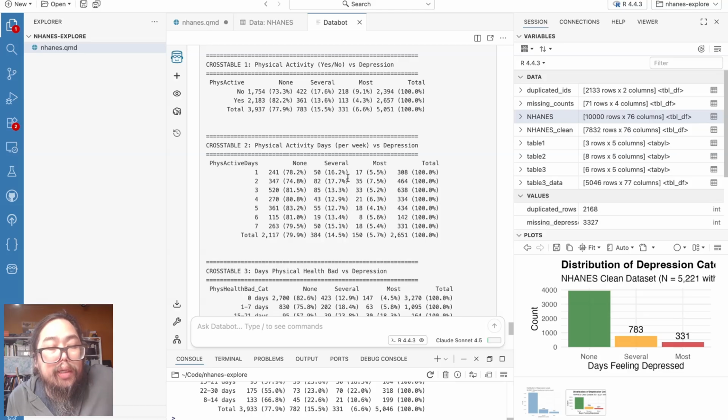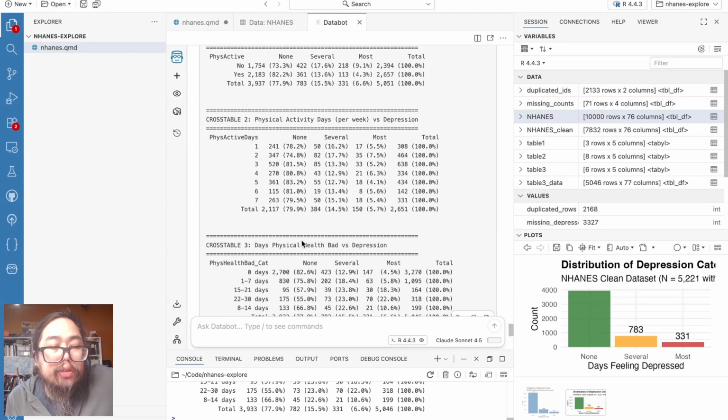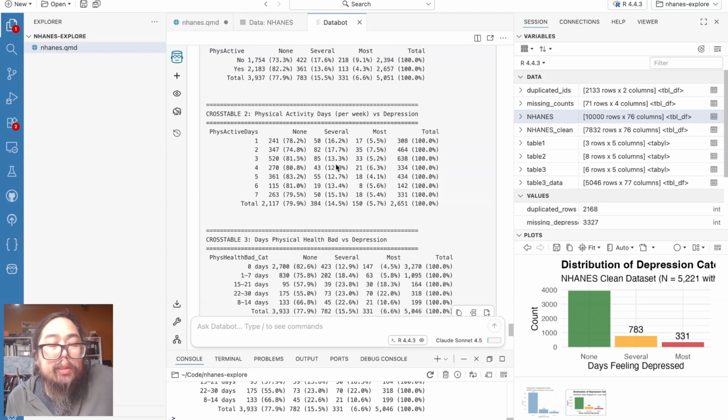So this may not be that helpful to us. As we go up in the number of days, the percentages are roughly the same. The percent distribution seems to be very similar across all of the days.